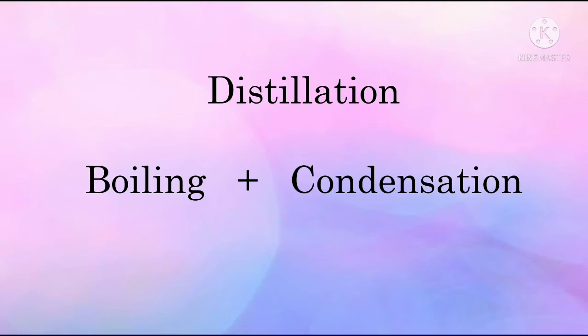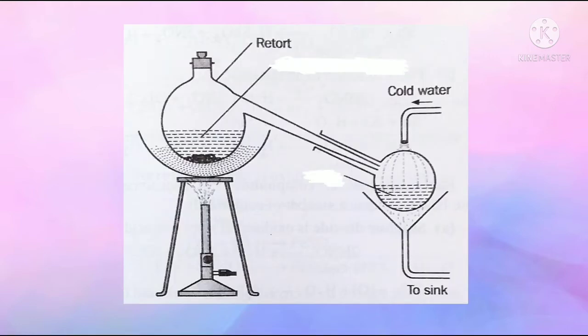Now this refining process takes place in a retort. The diagram is shown here. In that retort, impure metal is taken. It is heated first. When we heat, what happens? As we have said, it is an easily volatile substance, so vapors start coming out from the metal and pass into the other chamber. There, at the next end, cold water is poured over it.